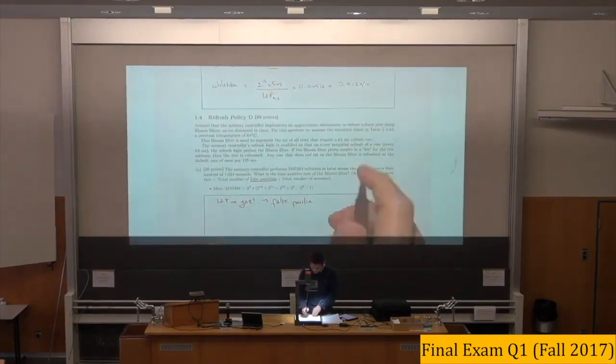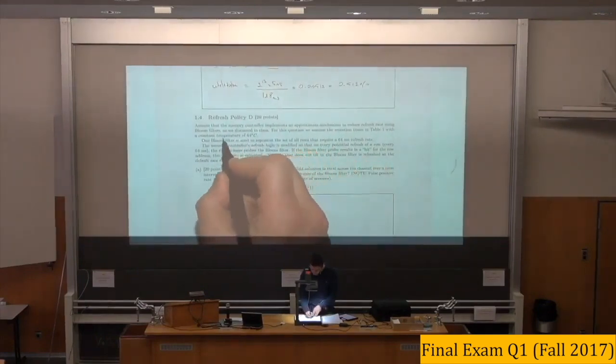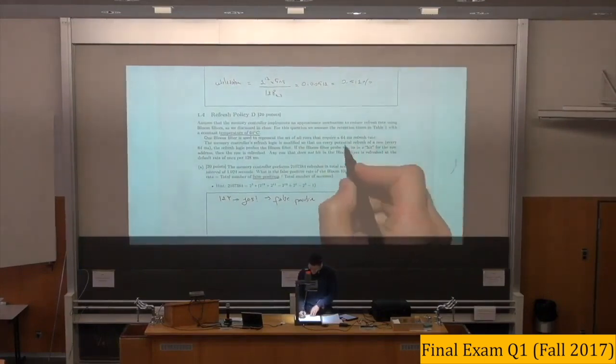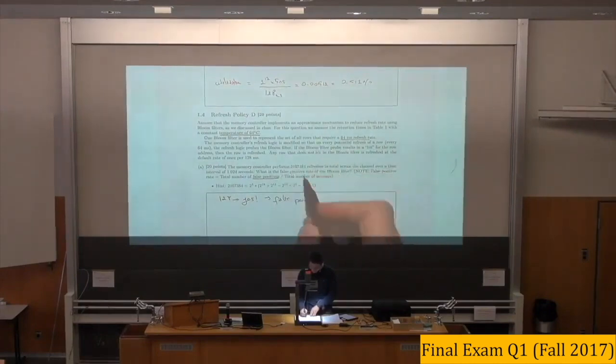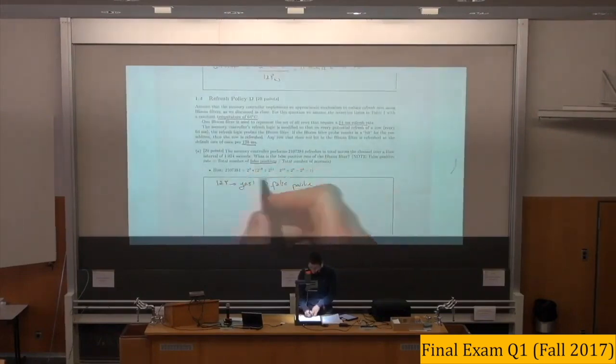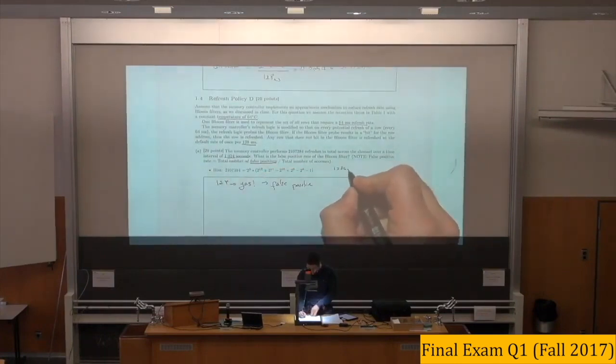and we are given a temperature here. As I said, it refreshes the rows that are located in the Bloom filter every 64 milliseconds and the others every 128 milliseconds. And it says that within that time interval, within 128 milliseconds, we have that many refreshes.